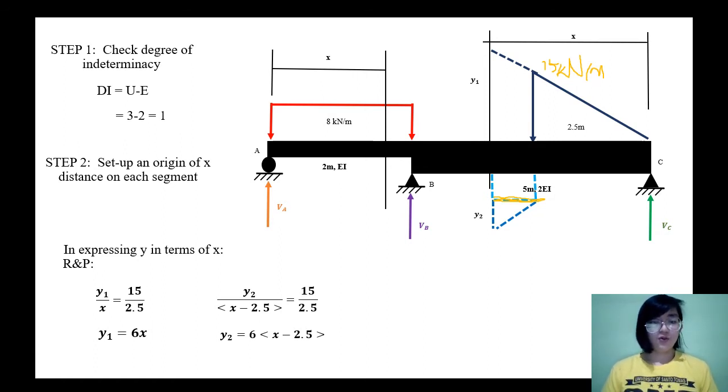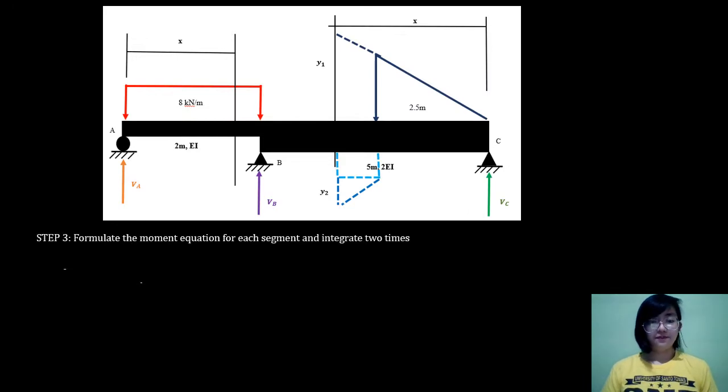So, now let's go to step 3, which is to formulate the moment equation for each segment and integrate 2 times. So, we will use the concept na dinisscuss natin earlier for this, yung mga formula.